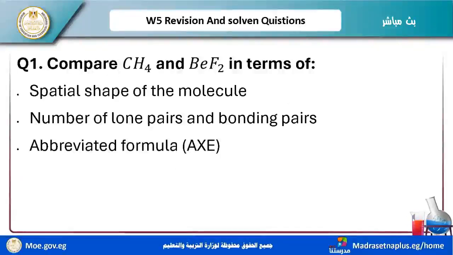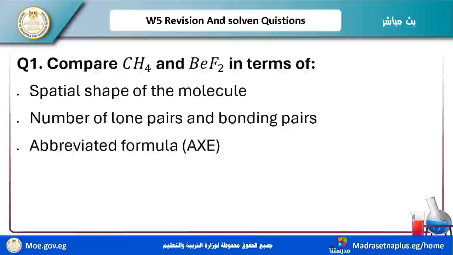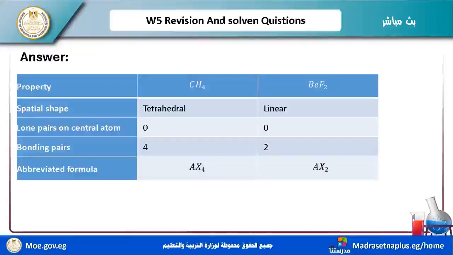Compare CH4 and BeF2 in terms of the spatial shape of the molecule, the number of lone pairs and bonding pairs, and the abbreviated AXE formula. CH4 has a tetrahedral shape.